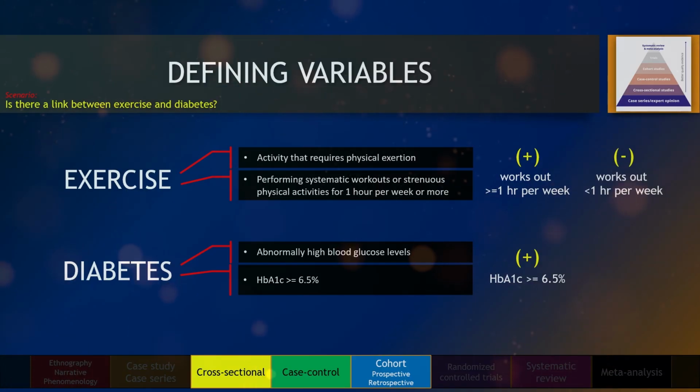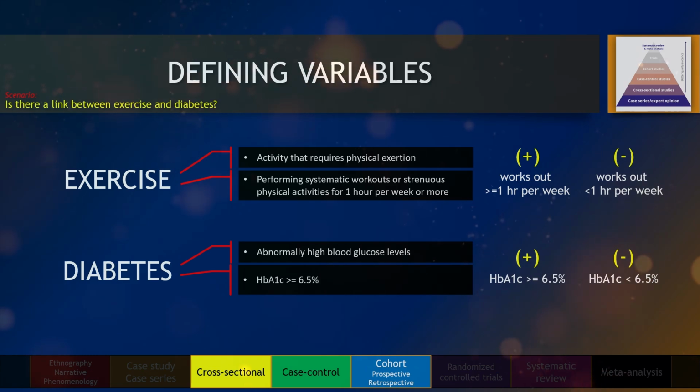Operationally, a negative or no exercise can then be defined as someone who works out less than 1 hour per week, while a negative or no diabetes can then be defined as someone having an HbA1c less than 6.5%. Of course, the 1 hour per week and even the 6.5% here are all arbitrary and can be any other value, within reason or acceptable defined guidelines.